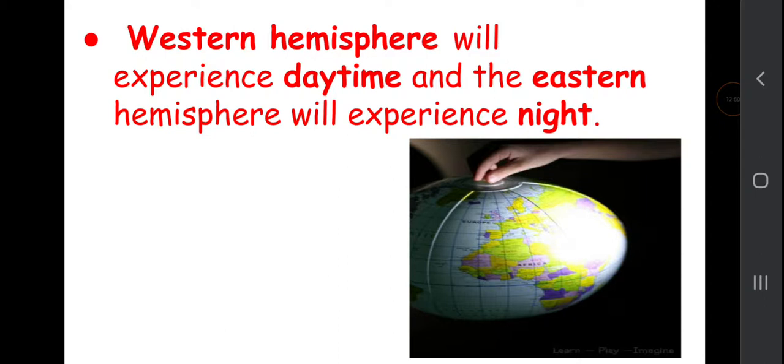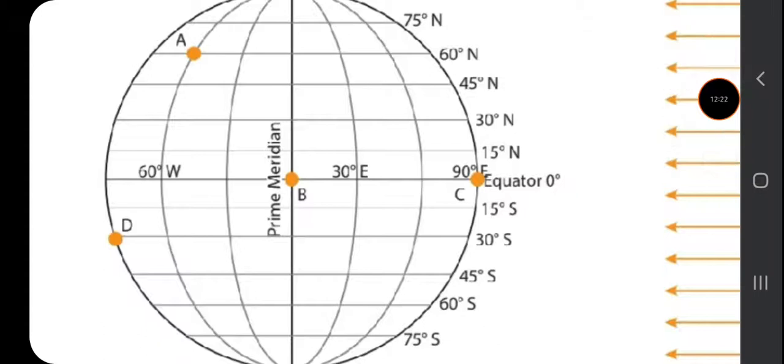Means if there is night in eastern hemisphere, if there is night in India, then in western hemisphere there will be day, because at one time only one side of the earth can receive sun rays, and that part will have daytime. And what do we call this line?